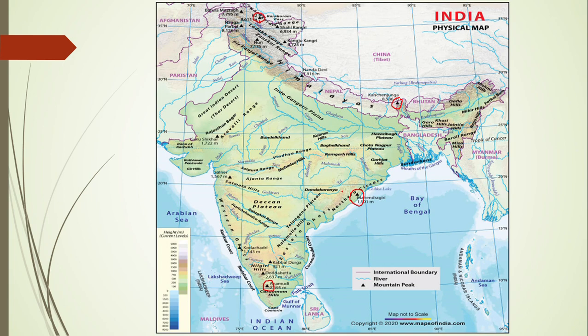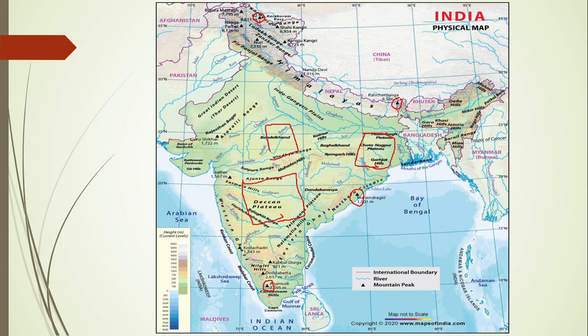Then comes the plateau region. The first plateau is the Deccan Plateau, that you can show on this particular range here. Then comes Chota Nagpur here, that is the Jharkhand region. Then comes Malwa Plateau, but the Malwa Plateau is here.